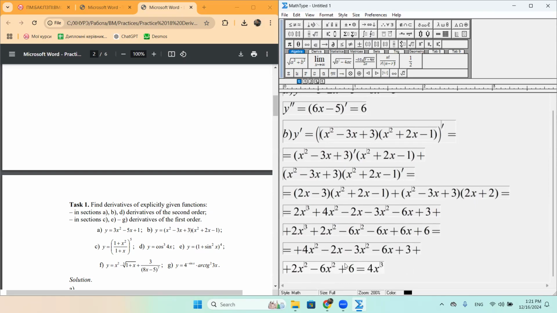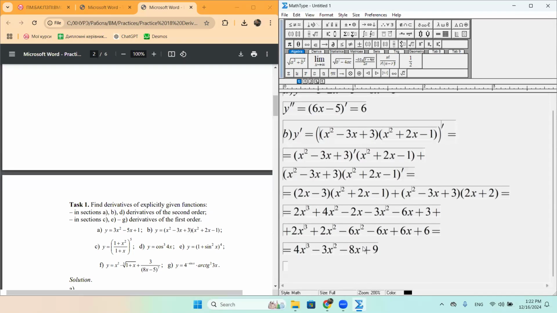Then the power of 2: 4, 2, and 6, so removed, cancelled. And just 3x to the power of 2 remains. Removing it as well. Minus 8x plus 9. And that's it, the simplified expression.